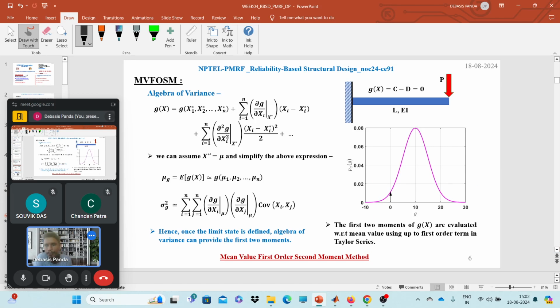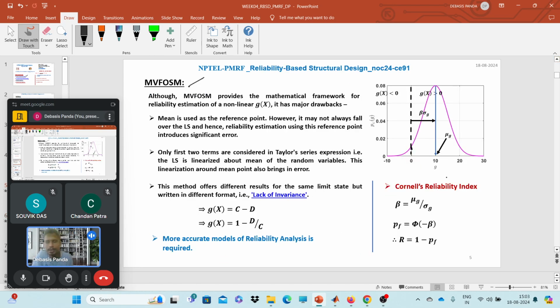Here we expand our limit state function using the Taylor series expansion, we consider the reference point to be the mean, and we truncate the series up to the first order term. Once we have found the two moments using variance algebra, we can find the reliability index, which we call Cornell's reliability index.